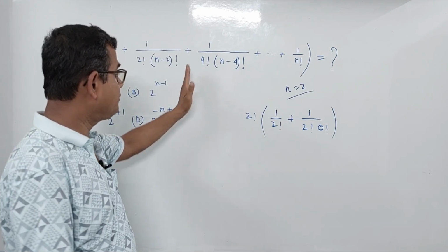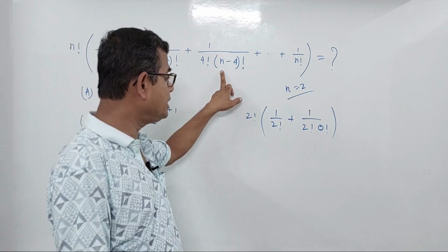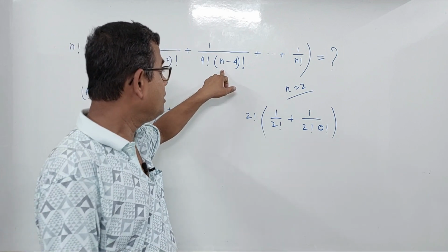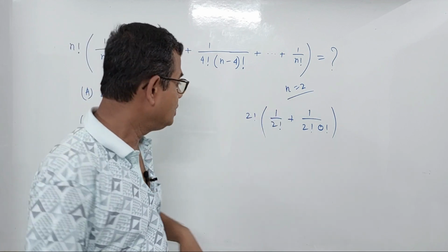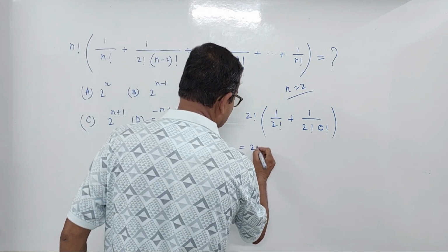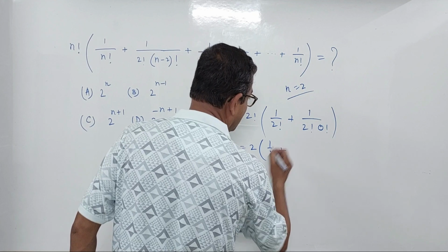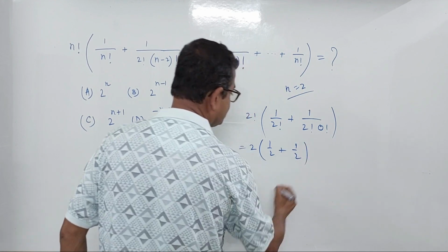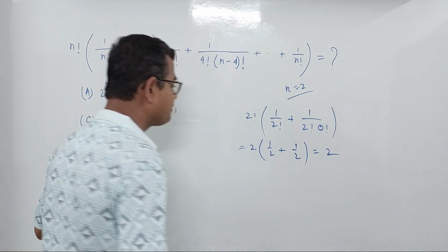We don't go further because if we put n equal to 2 here, we get factorial of minus 2. So it gives factorial 2, that is 2 into half plus half, that is we get 2 here.